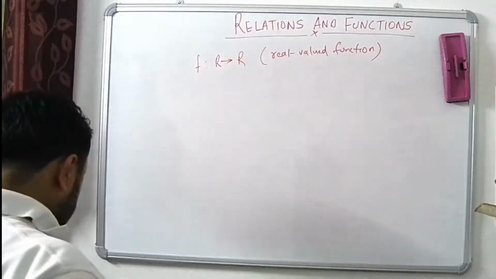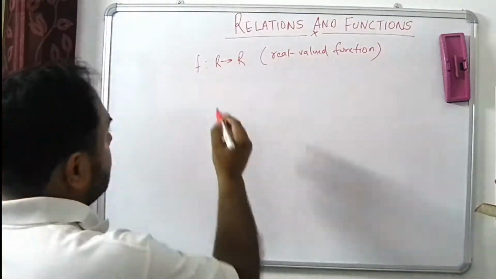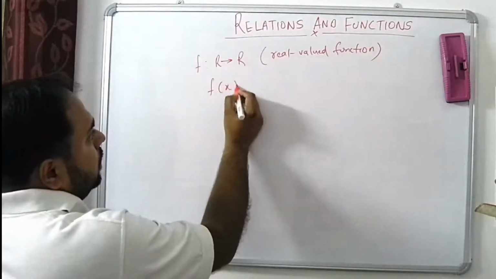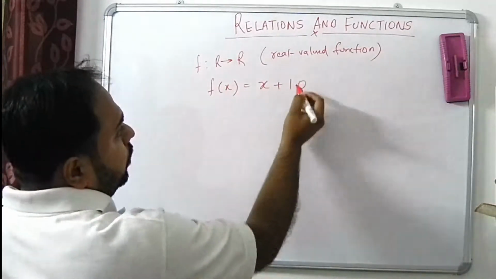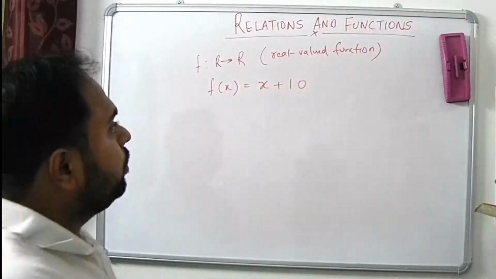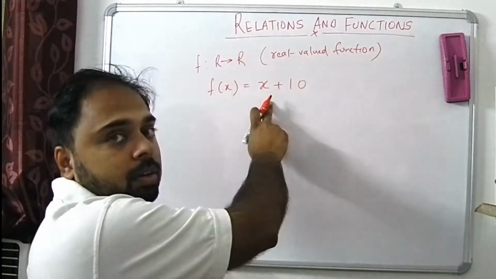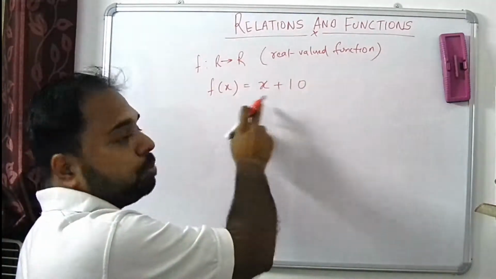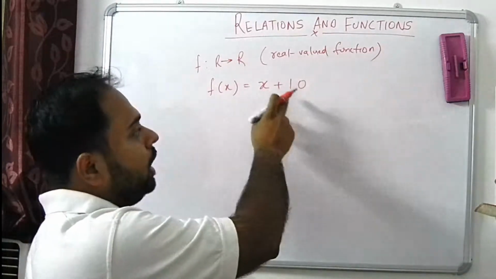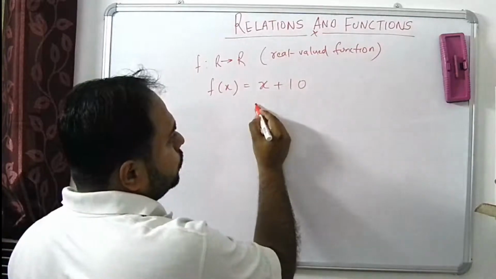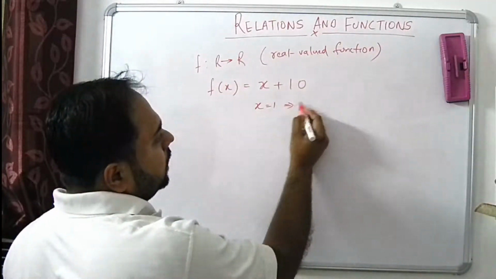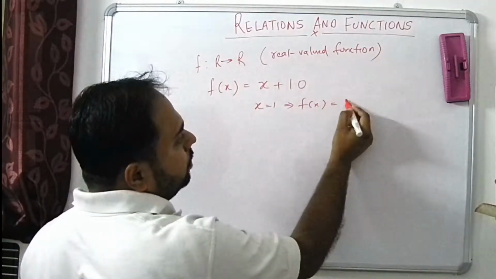Now it is defined as f(x) = x + 10. What does this mean? For any x which is real, for each x, the image is given by this relation. If I put x as 1, then f(x) is equal to 11.